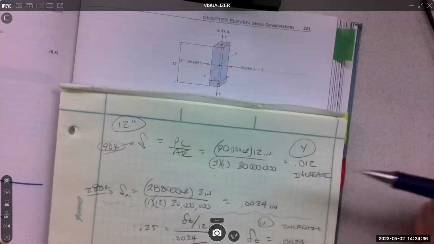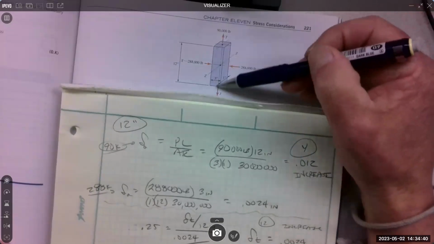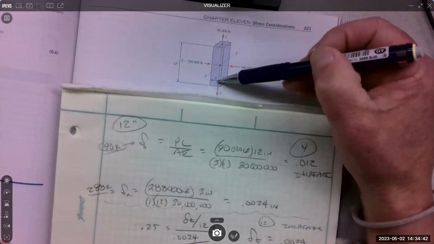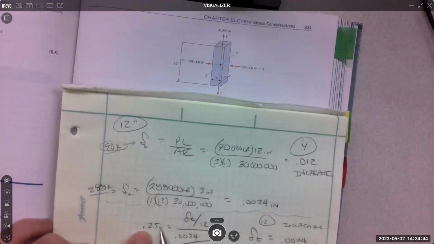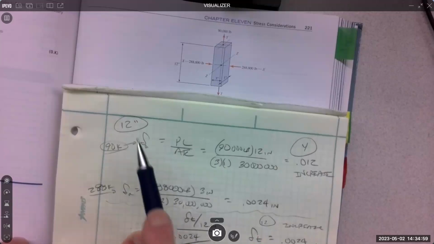Now, you take that and you need to get the transverse, this 12 inch. To set that up, Poisson's ratio is equal to the change in the transverse, which is what you want to know, over the original in the transverse. The one I want to know is this 12 inch, so that's why this goes in.